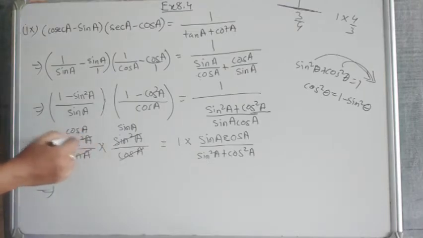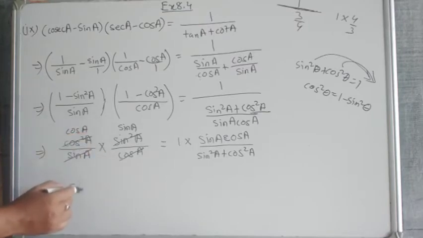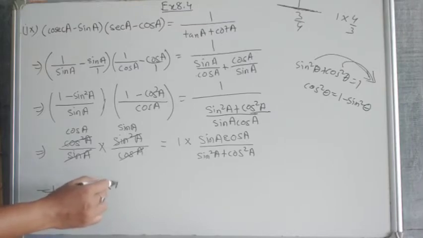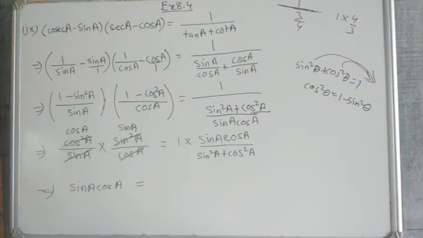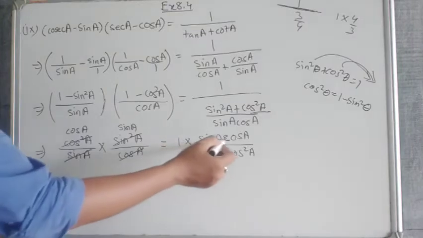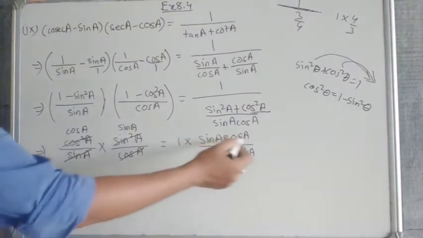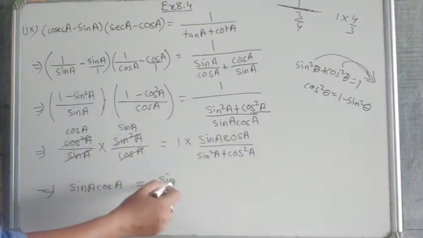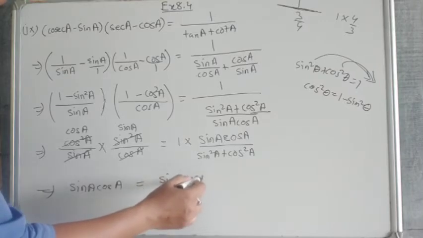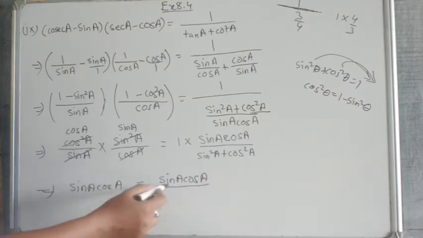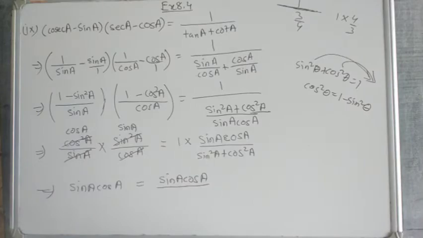So sin A into cos A, I can write sin A cos A equal to. Now this side 1 plus sin A cos A, 1 into sin A cos A, so it will become sin A cos A upon sin square A cos square A. What is your formula?